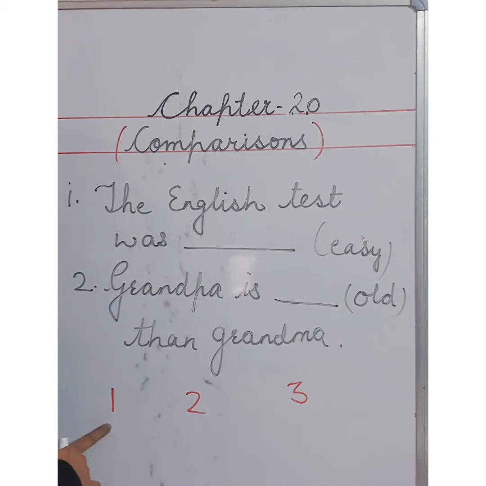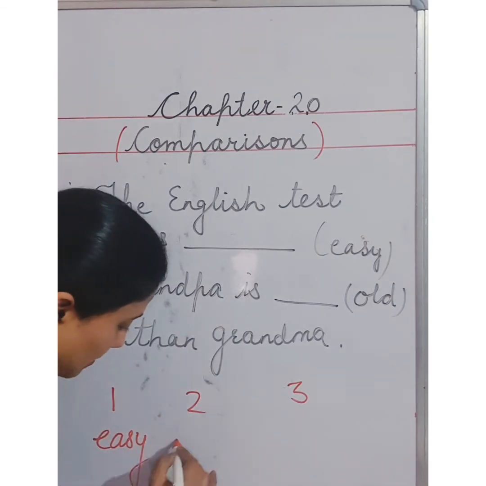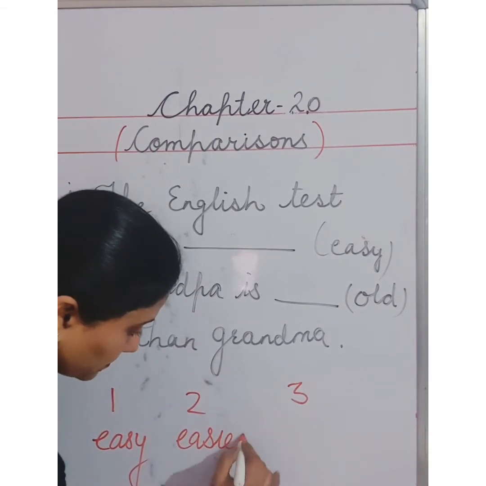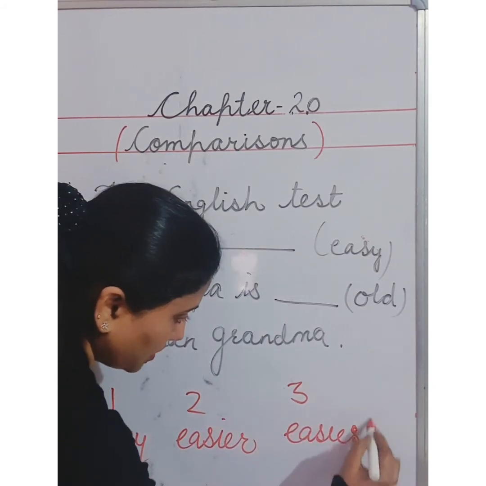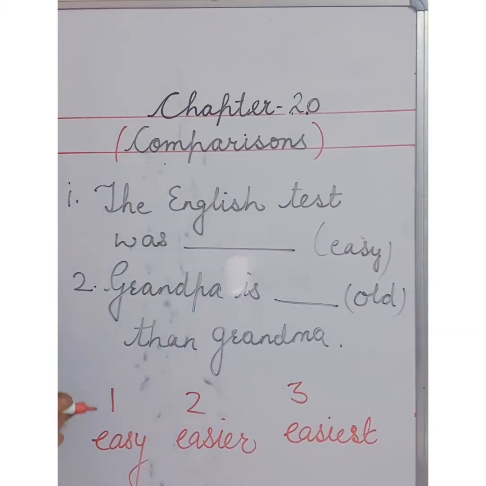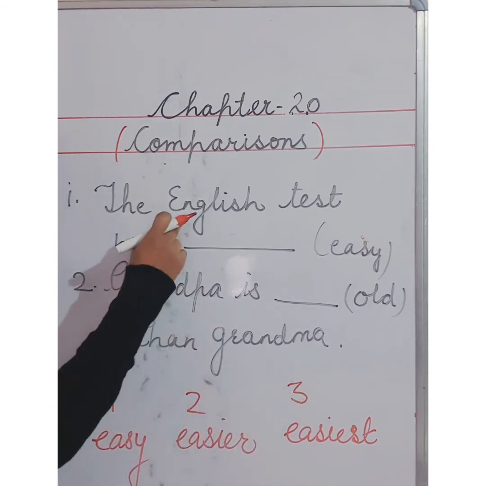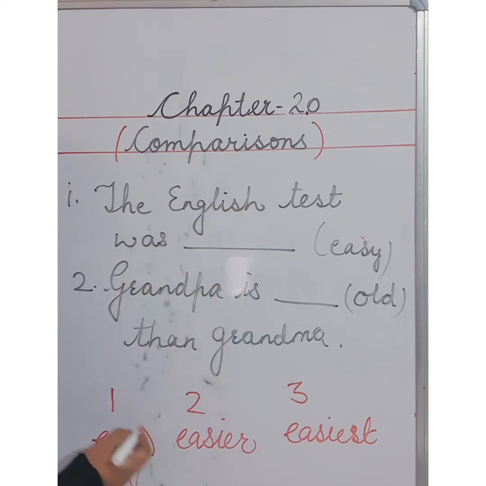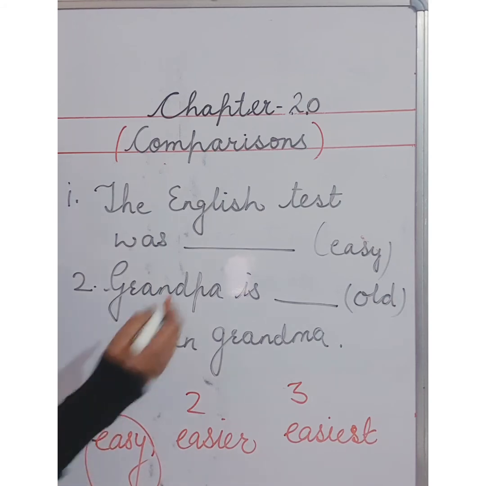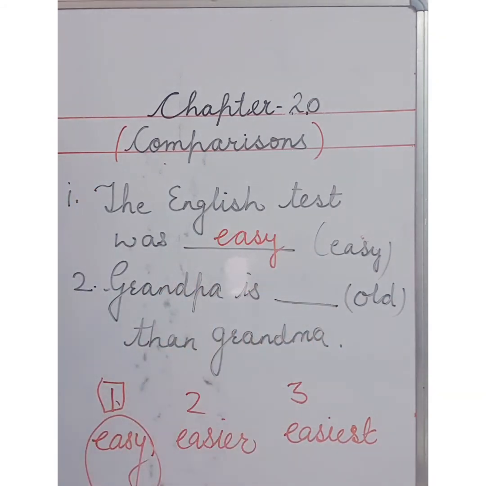Means if easy is given to you, easy, easier, easiest. Okay, this is the positive degree, comparative degree and superlative degree. Because we are talking about one thing, here we will use easy. We will not write easier because nothing else is given, only one subject is given.